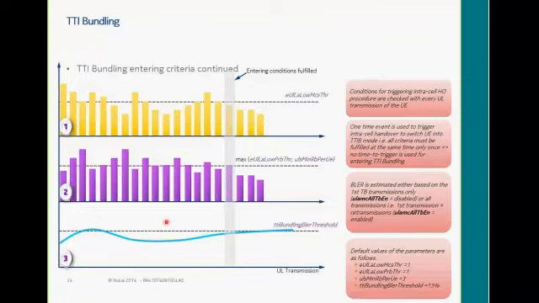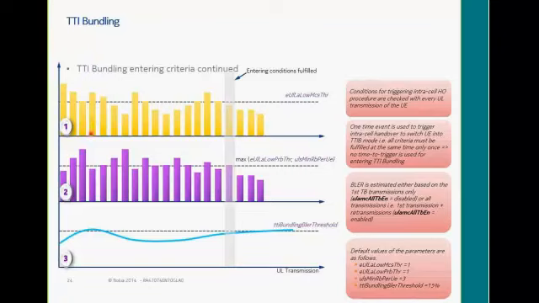Now, we also have another threshold, which is the block error rate threshold. So we've exceeded the block error rate threshold, and the reason we don't go into TTI bundling at this point is because the MCS is too high. Okay, that's another true, so it's equal to, but the MCS is higher. The number of PRBs assigned is low enough, the error rate is high enough, but the MCS is too high.